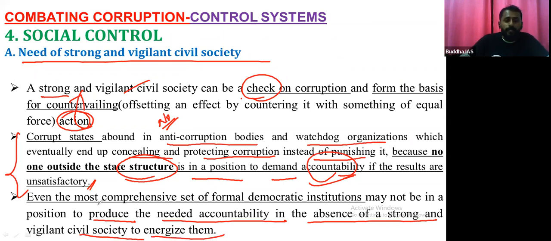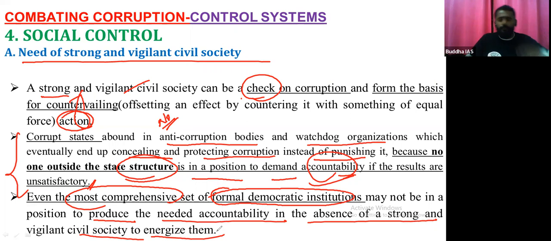I repeat, even the most comprehensive set of formal democratic institutions, take all the institutions, maybe judiciary, maybe audit, or any other mechanisms, horizontal or vertical accountability mechanisms, they may not be in a position to produce the needed accountability if there is no societal pressure, in the absence of a strong and vigilant civil society to energize them.